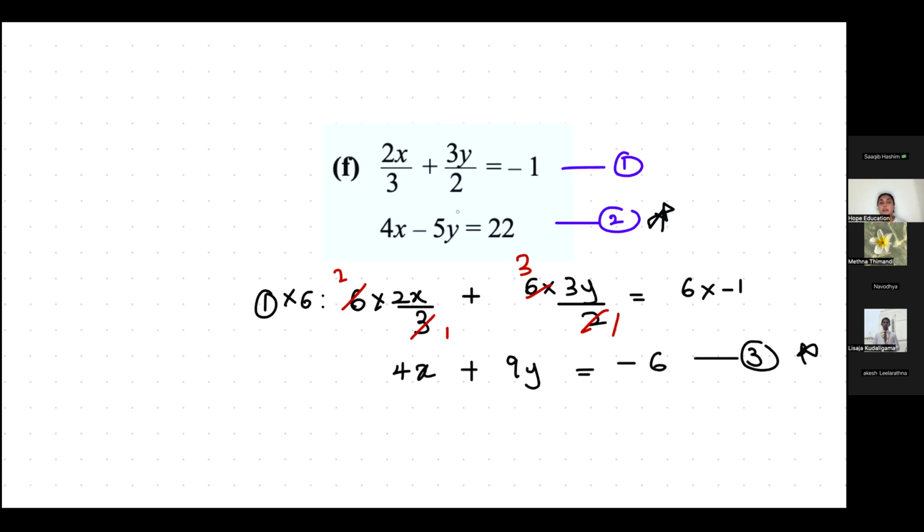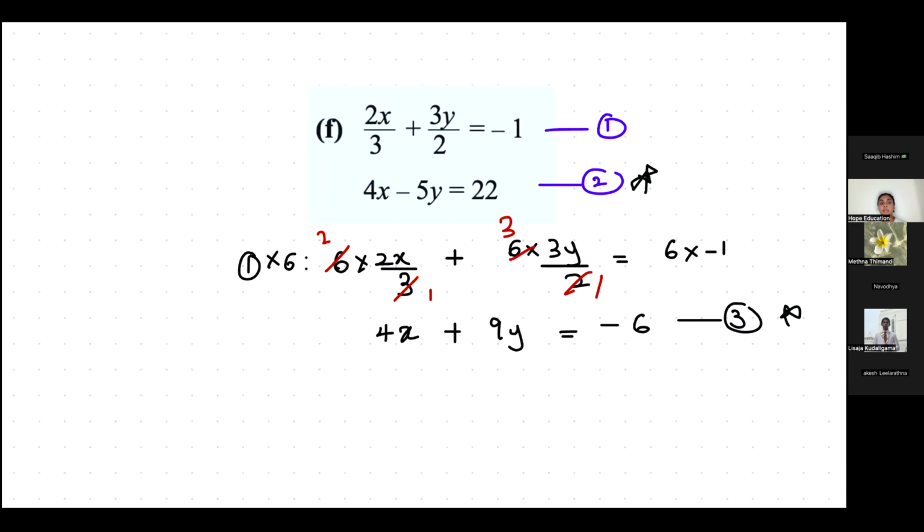Now we'll check if we have common elements, and in fact we do, because see, 4x, they are common. And do they have the same sign or different signs? Same sign, right? Correct. So yes, I'm going to subtract.